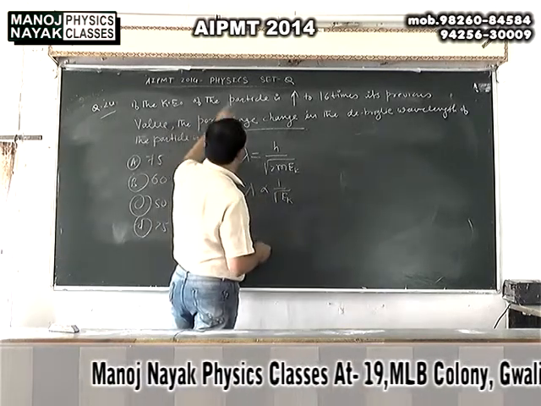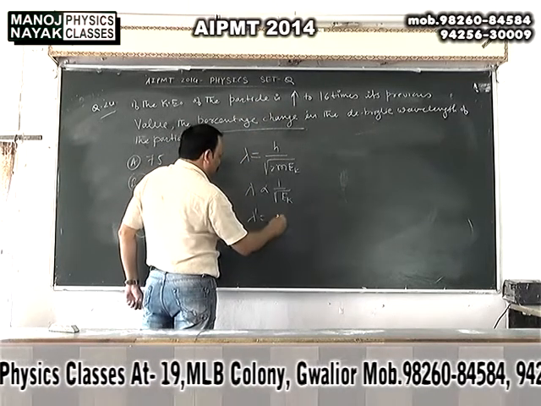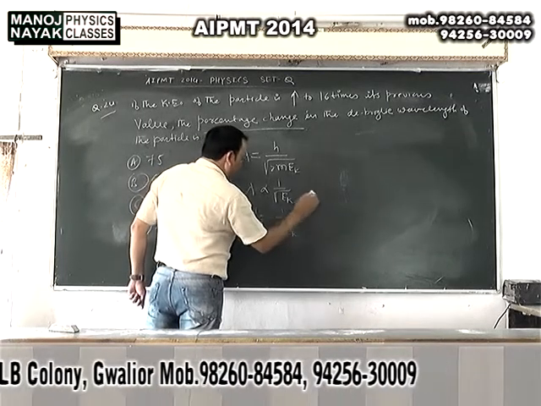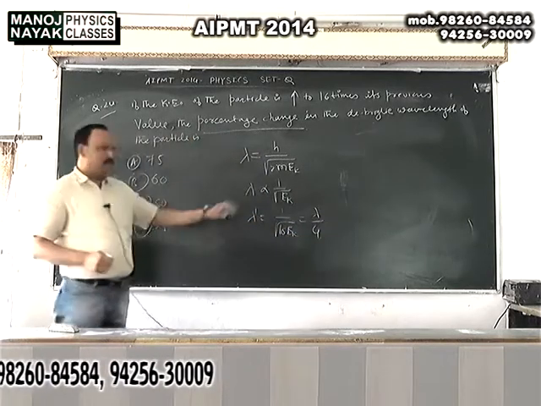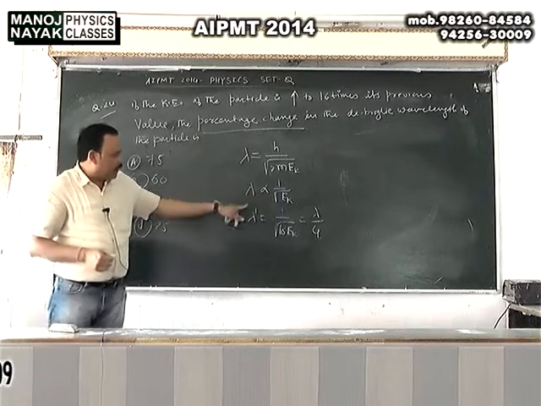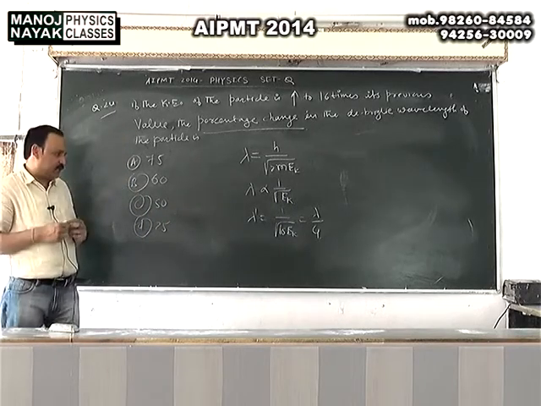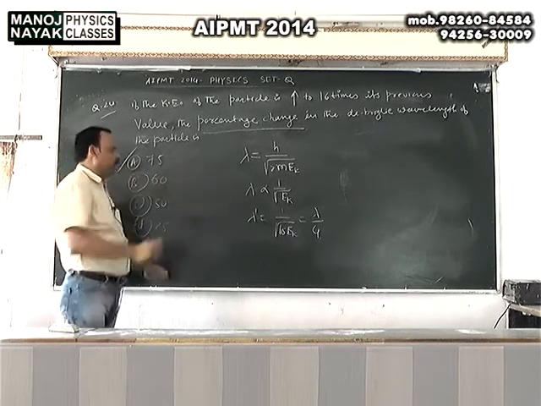Kinetic energy increases to 16 times, so new lambda becomes, you know it very well, 1/4 of previous value. So the new wavelength becomes 25%, but the change is 75%.